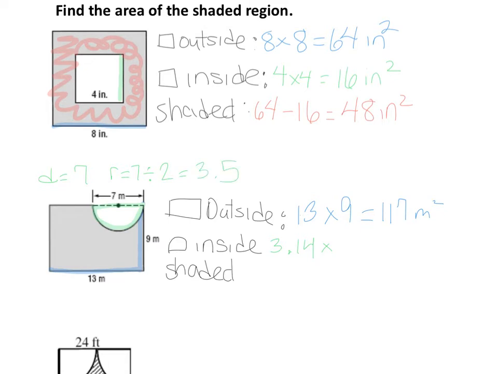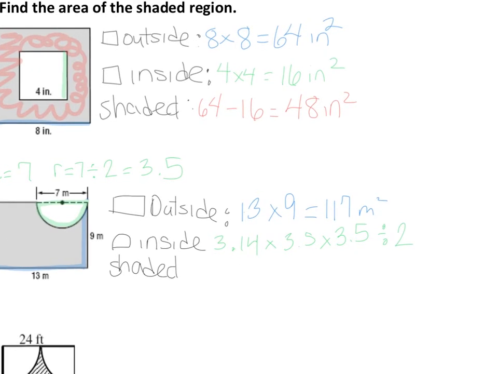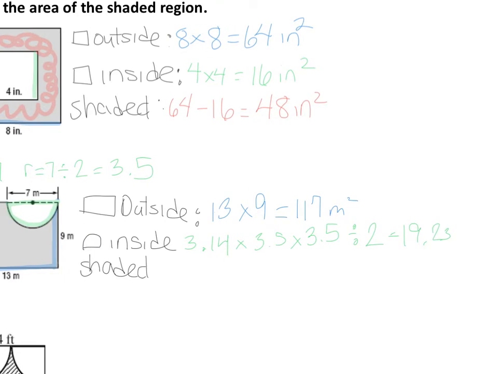So we do 3.14 times 3.5 times 3.5. However, we're dealing with half a circle, meaning we have to take that whole area and divide it in half. And we end up with 19.2325.